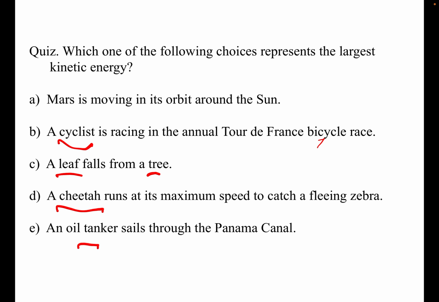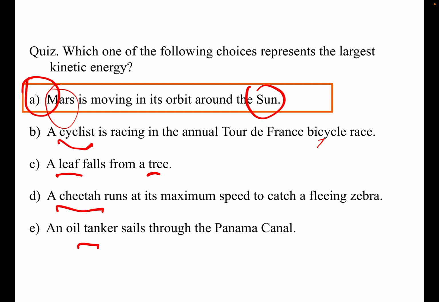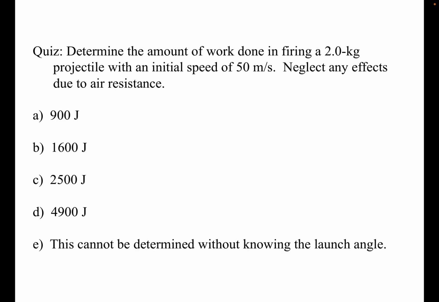Well, the oil tank has enormous mass, and the cheetah might run very fast, but those two are not going to compare to the immense mass and the colossal orbital speed of the planet Mars orbiting around the Sun. So the obvious answer is A, Mars orbiting around the Sun. The kinetic energy is the largest.